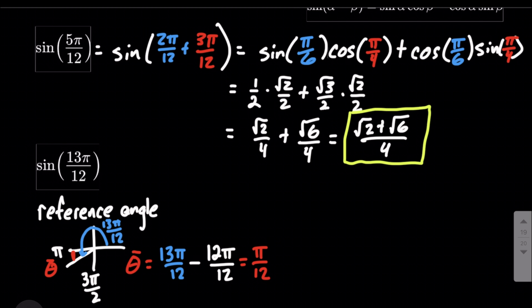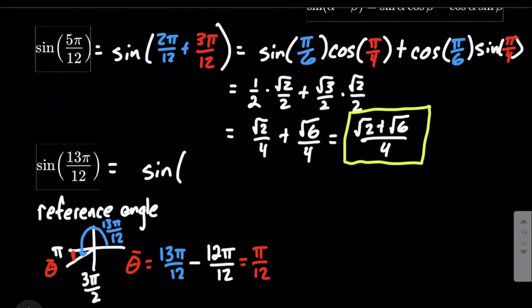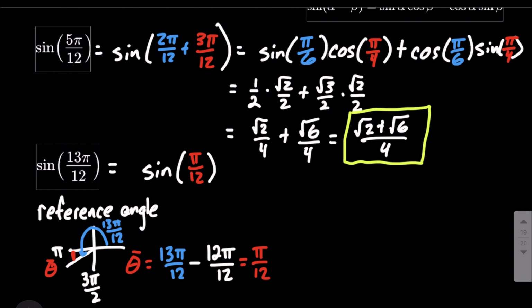All right, so we would like to fill in our reference angle and make this look like sine of pi over 12. But whenever we use a reference angle, we want to double check one additional thing: we want to check that the original angle was in the third quadrant. I use the phrase "all students take calculus" to remind me which quadrant each of these trigonometric functions is positive in.